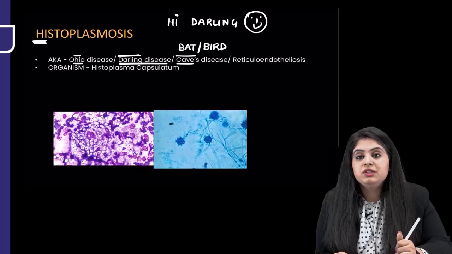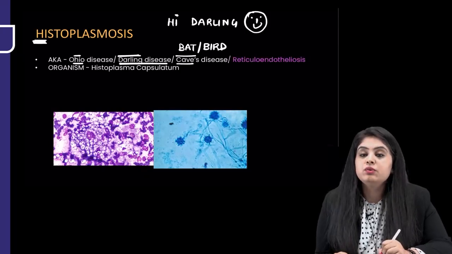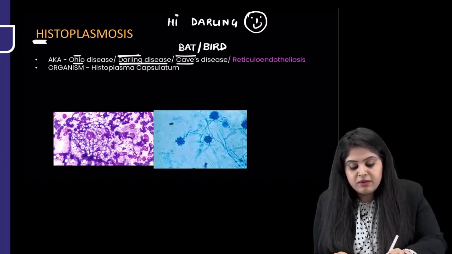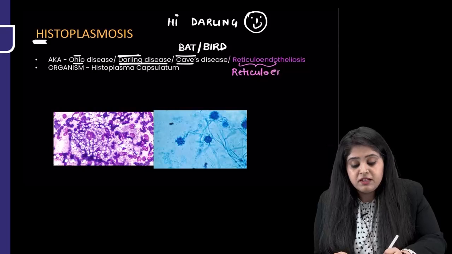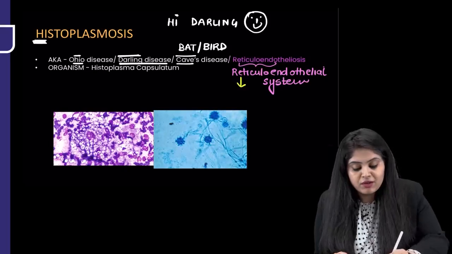And now let me tell you the last but the most frequently asked name. It is known as reticuloendotheliosis. What is the meaning of that? Firstly, tell me, what is a reticuloendothelial cell? You might feel that this is a very, very fancy and reticuloendothelial system might be something altogether new that ma'am is going to introduce to us. But no, it's nothing but macrophages.